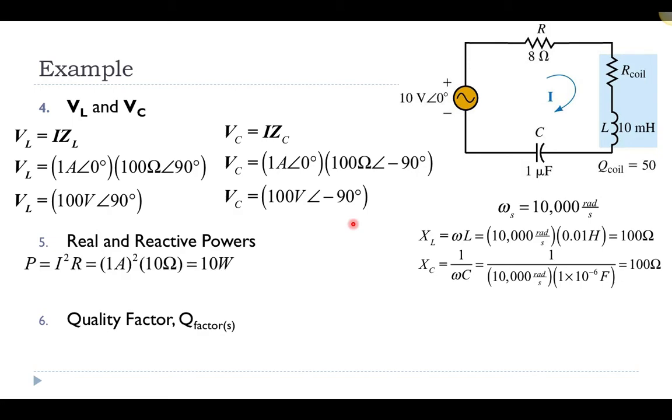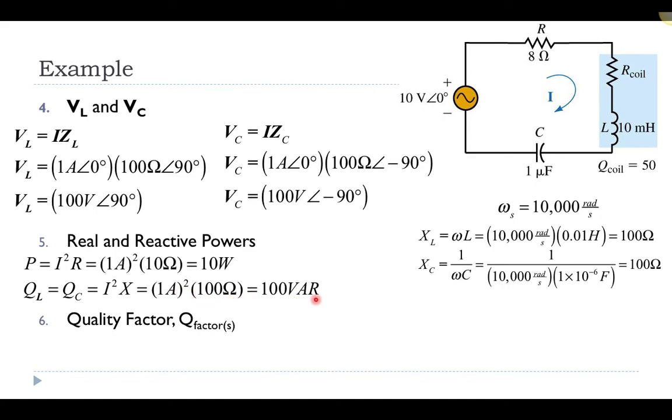We can also calculate what the real power and the reactive powers are. So the real power would be the current squared times the resistance. That's a maximum current of 1 amp squared times 10 ohms, which would be 100 watts. And then the reactive power for the inductor and the capacitor would be the current squared times the reactance, which would be 1 squared times 100, which is 100 VAR.